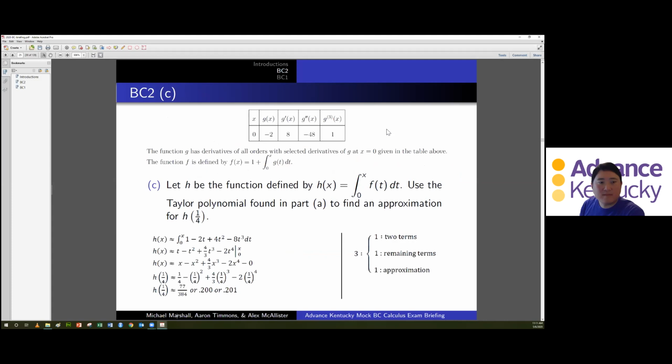And so we landed on wanting to think about this in a similar fashion to what we did in Part A, where the first point's for 2 terms, and the second point, or I should really talk about this point where it's 6th and 7th points, remaining terms. And then the last one is for the approximation, and they work with a quarter.